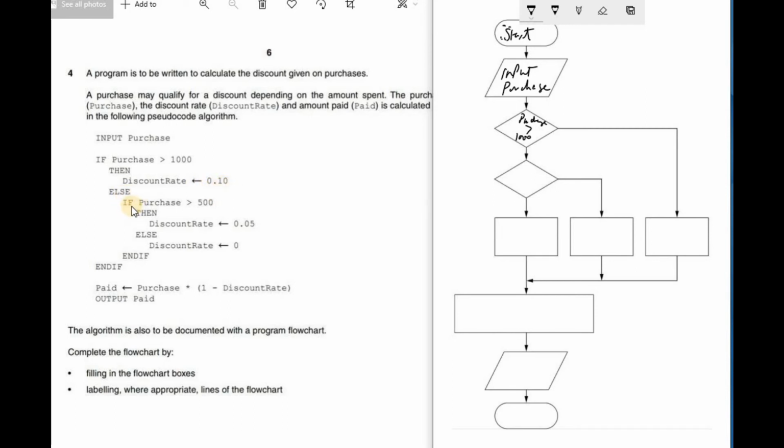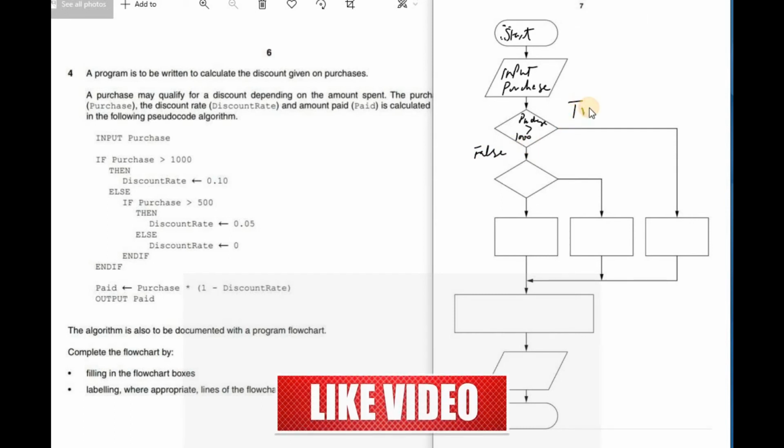Otherwise, we have another condition. So what we will do here, the other branch is to be executed if this condition is false. So we will write here false.